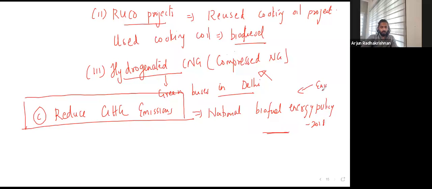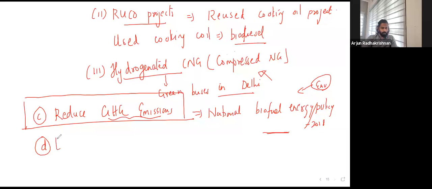This is an important topic in environment also. There are stages of biofuels: first generation, second generation, third generation, fourth generation, etc. So we are using biofuel so that our greenhouse gas emissions come down.